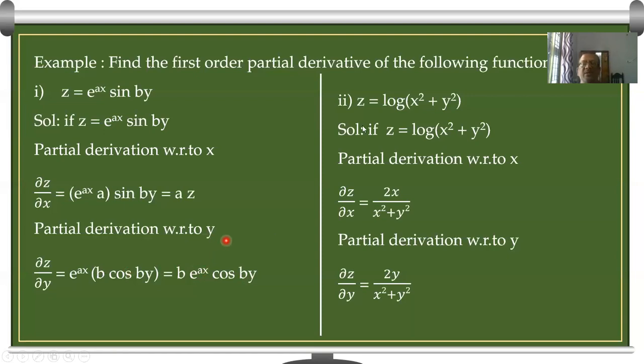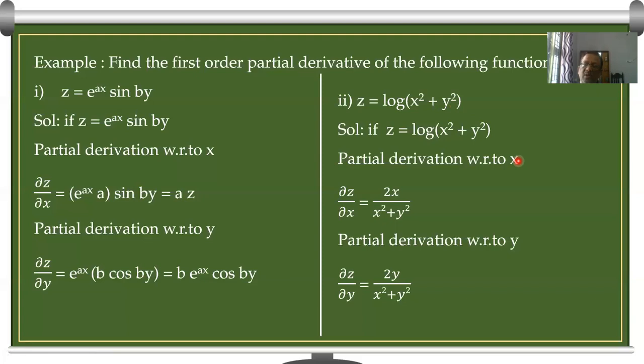Next I am taking one more example: the first order partial derivation for the function z equal to log of x square plus y square. First I am operating partial derivation with respect to x.